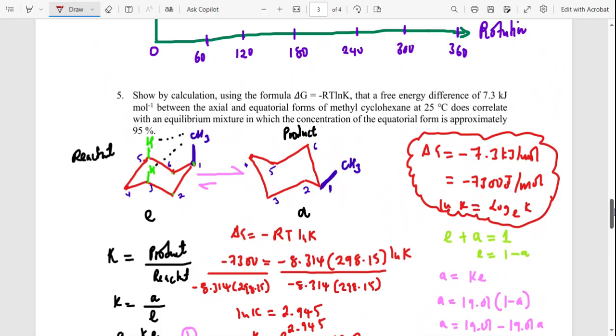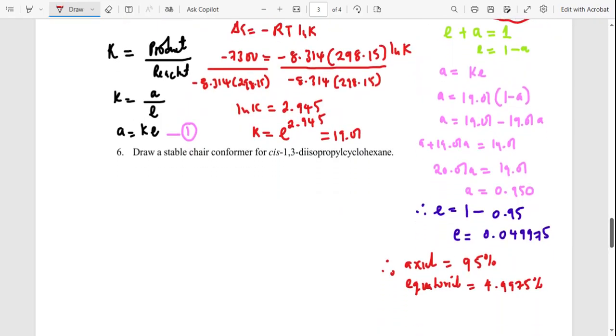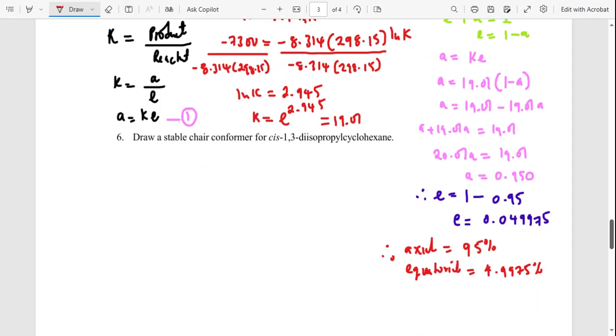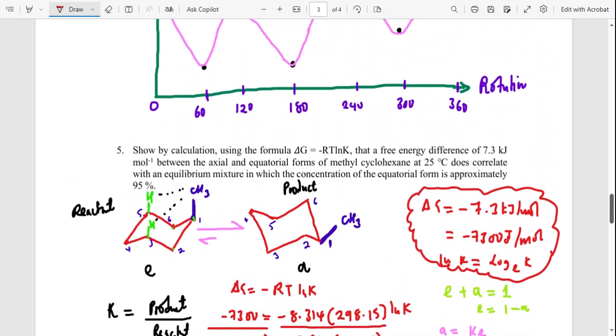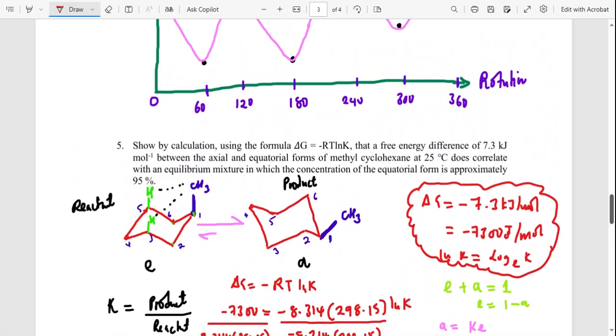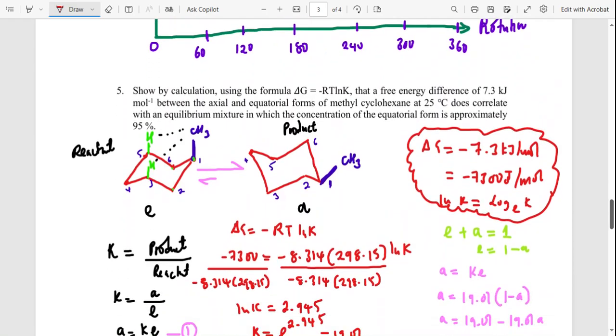Okay, so the question was, show by calculation using the formula delta G is equal to negative RT natural log of K, that a free energy difference between the axial and the equatorial forms of methylcyclohexane at 25 degrees does correlate with the equilibrium mixture, in which the concentration of the equatorial form is actually 95. What has happened here? This is saying the equatorial form is actually 95. Oh, sorry.